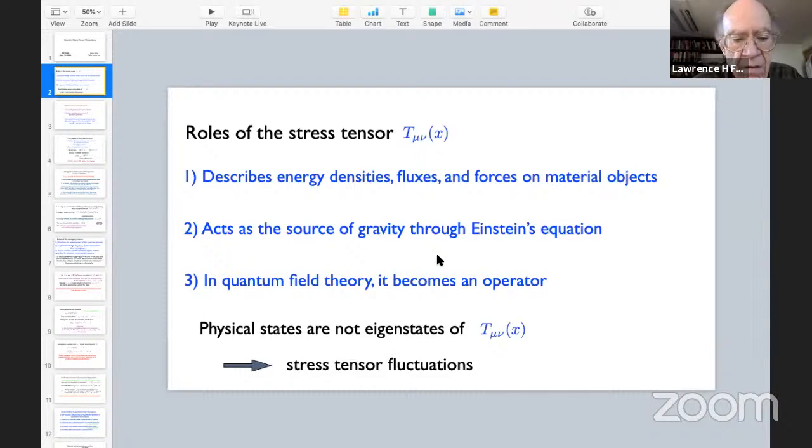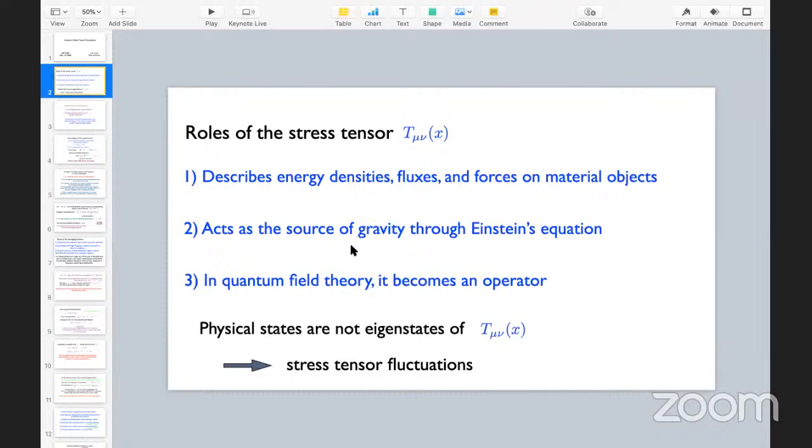But here, today I'm going to be talking about situations where the matter is quantum. Gravity itself may not be quantized, but the matter is going to be quantum mechanical. So for example, like a quantized electromagnetic field, this becomes a quantum operator.